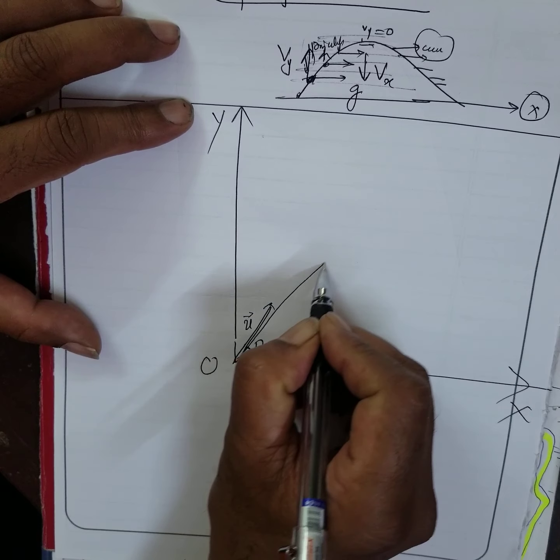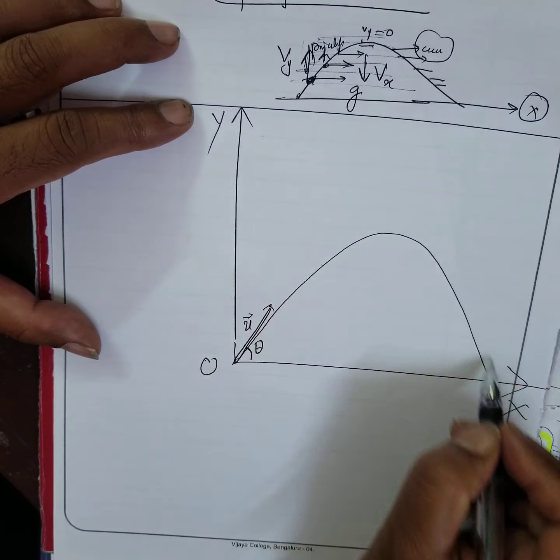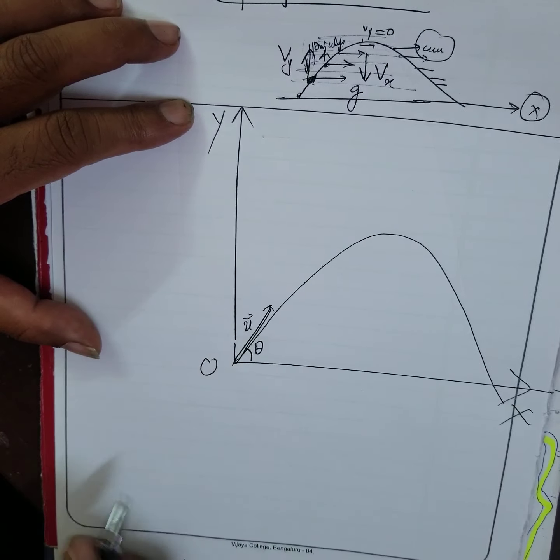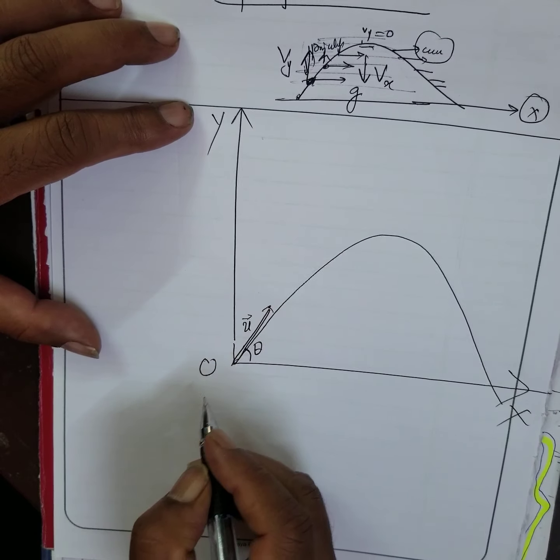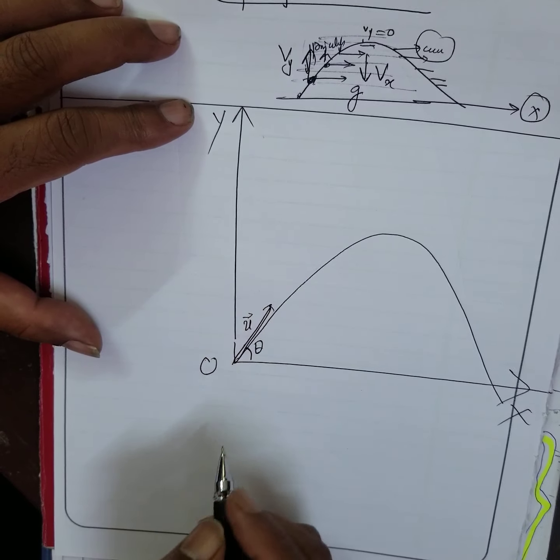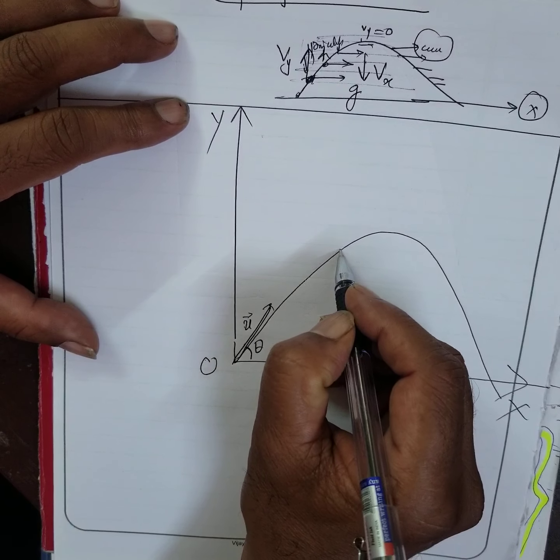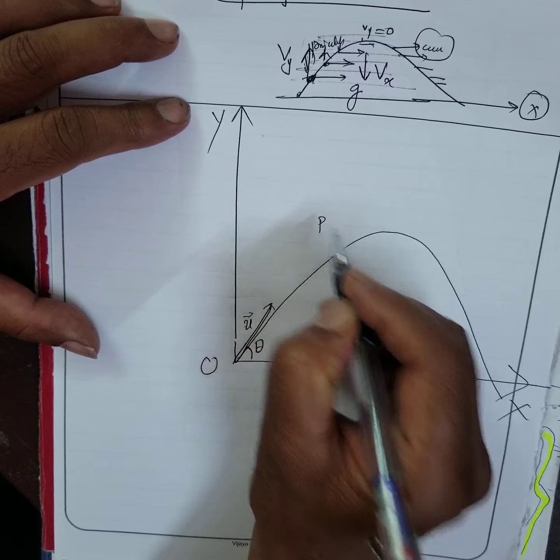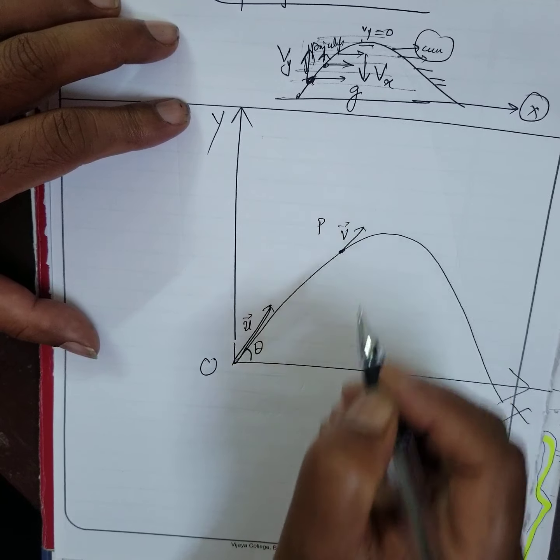The path, or the trajectory, is a parabola. Now this is the initial velocity, and choose some point P. Here V is the velocity at any instant.